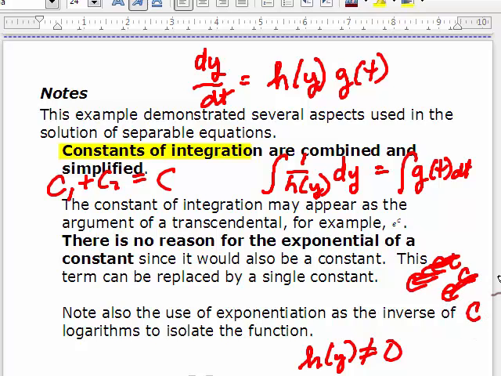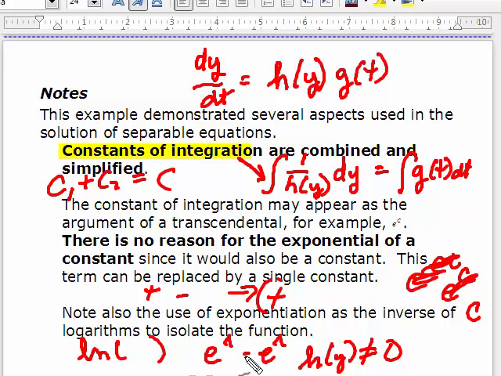You don't care that the constant is in the exponent, it's still a constant. Plus and minus signs can be changed into plus signs. The other point here is that, as this happens with this method, you're dividing by a function. If you divide by a function, you tend to get this natural logarithm, and to undo the natural logarithm, you raise both sides as exponents of e.